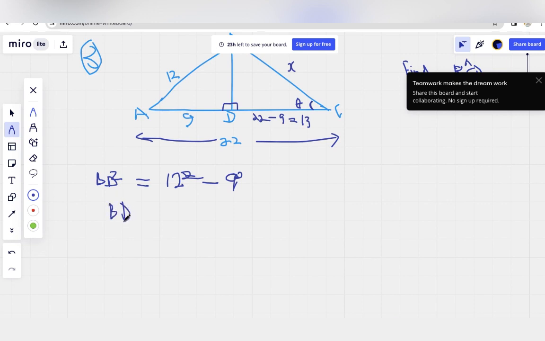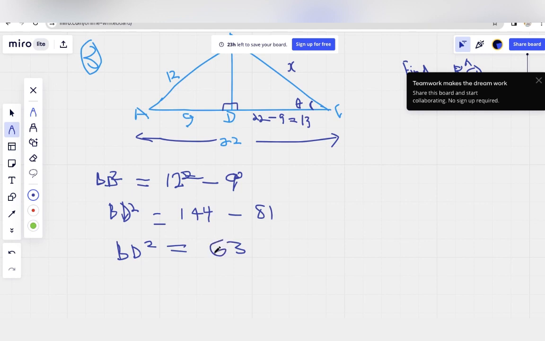If you didn't get the hang of it in the previous case, this is the time for you to get it. BD squared: 12 squared is 144, minus 9 squared is 81. 144 minus 81 gives 63, right? Because 4 minus 1 you get 3, 14 minus 8 you get 6.